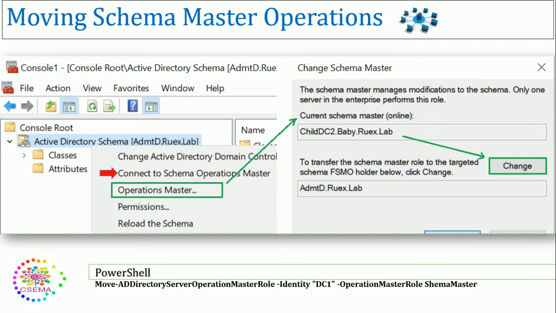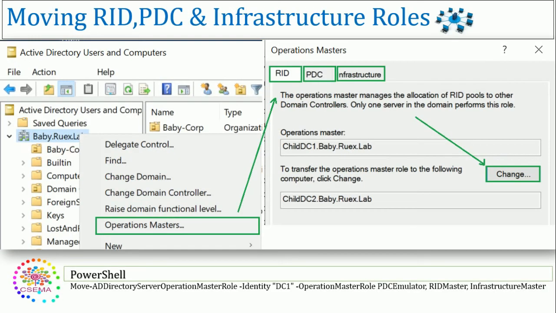Here you can type the same command that we just saw in the previous slide. Just change the name here to schema master. All the command is the same, and just hit enter. It will ask for confirmation, whether you really want to move, yes or no. So just press Y and go ahead. It will move that role from this to another. And as we already saw, multiple roles can be moved at once.